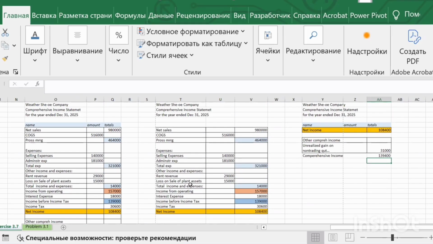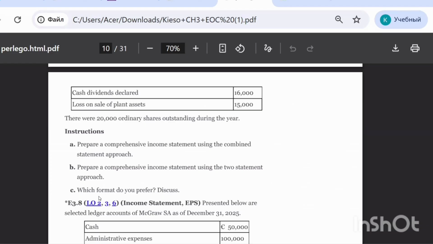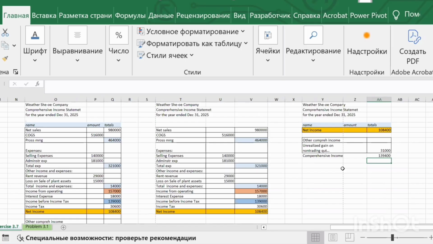And so on. So we should answer the third question, which format do you prefer? Personally, I prefer the first comprehensive income statement because for me it's more convenient in understanding the general data about the company.